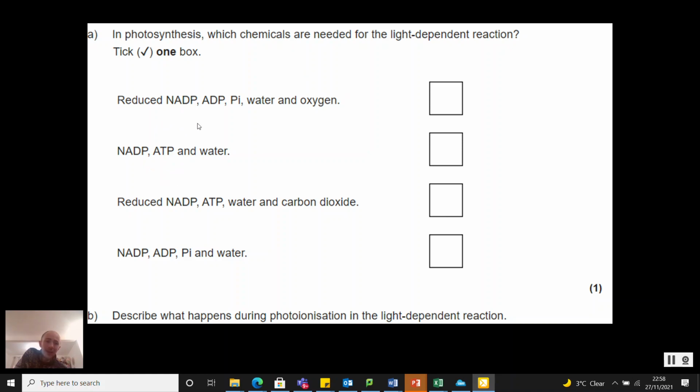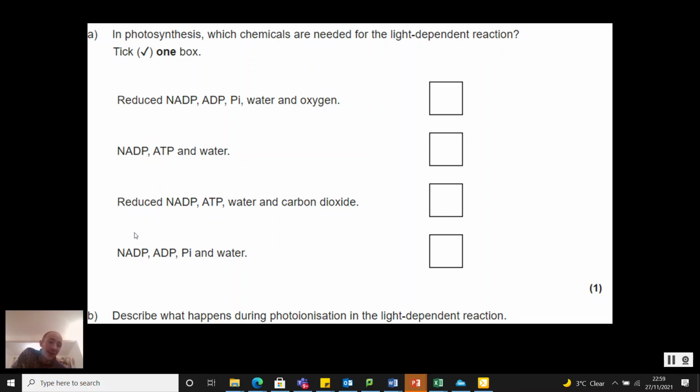Let's go up to the next, perhaps easiest one to get rid of. This one. Reduced NADP. Do I need reduced NADP to start with? No, I don't, because reduced NADP is one of the things I make. Also, I don't need oxygen to start with. I'm going to be making oxygen as a product. So both oxygen and reduced NADP are products. Reduced NADP, ATP, water and carbon dioxide. Well, we've already talked about reduced NADP and ATP.